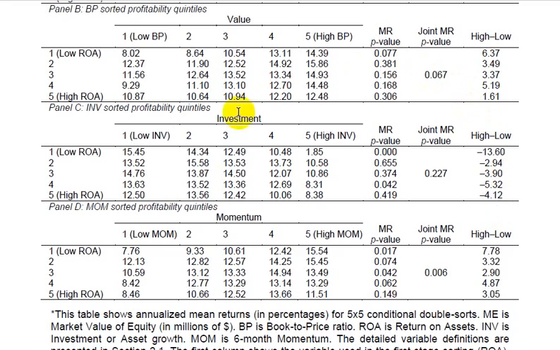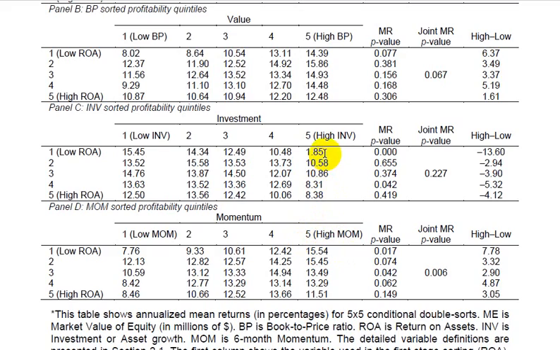And if we were to look at these in total, the highest returns tend to be this 14.45 and this 15.54, where basically the least profitable companies with the least amount of investment have a very high return, and the least profitable companies with the highest momentum tend to have really good returns.